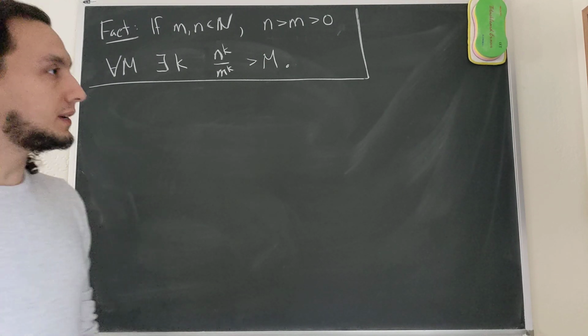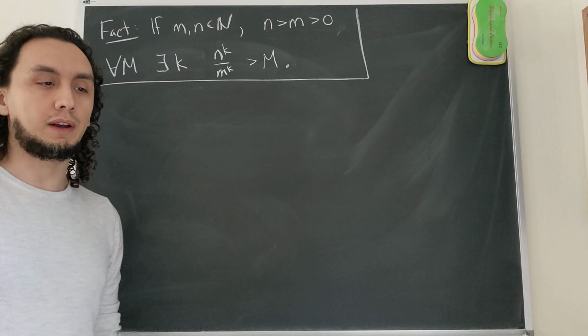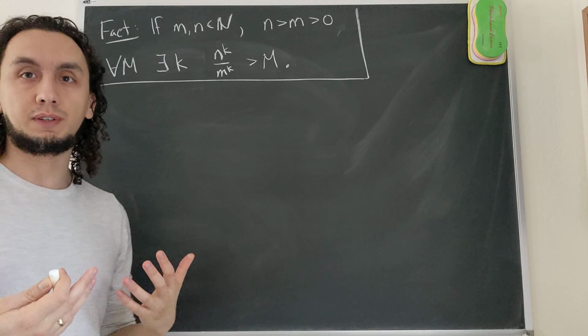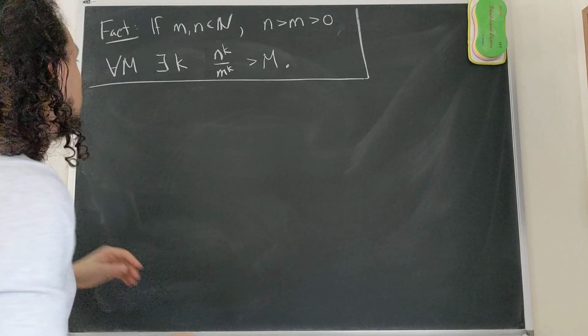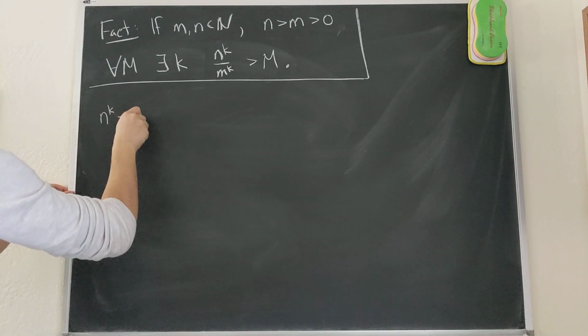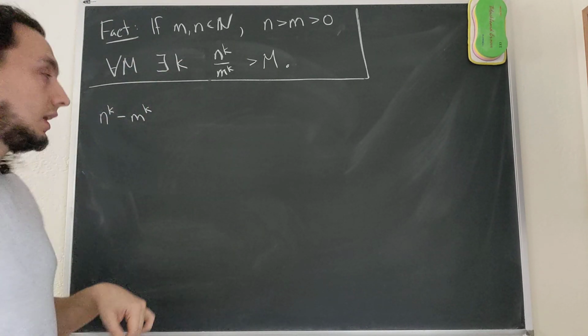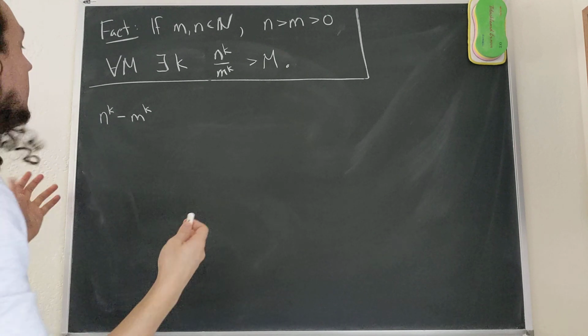Now, how am I going to do this? Well, the elementary method is going to use the formula that generalizes difference of squares that I introduced in the previous video. So if you recall, we look at n to the k minus m to the k, the difference between these two powers for some k. I'm not saying what k is yet.